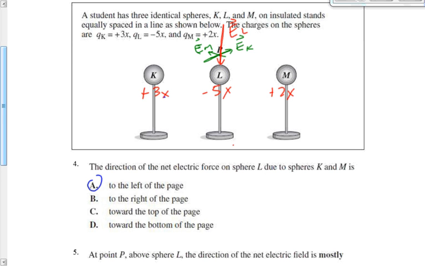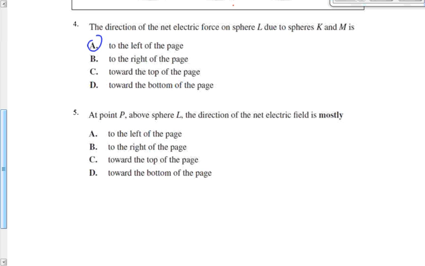It's a squared relationship as opposed to a linear relationship like Q is. As distance goes down, the field goes up much faster than linearly. So R matters more, but Q matters as well, and both of them contribute to it being a much bigger field there, which means that the answer is going to be D, toward the bottom of the page.